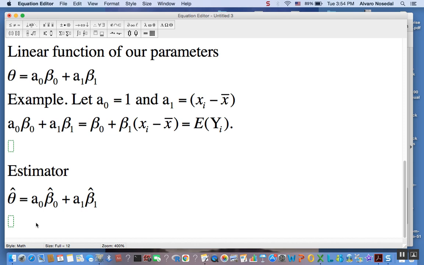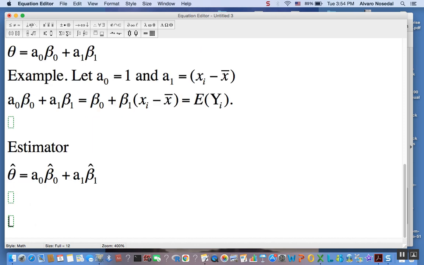Something else that we have done in the past, in detail for beta 1 hat, is that once we had an estimator, we wanted to study its distribution.